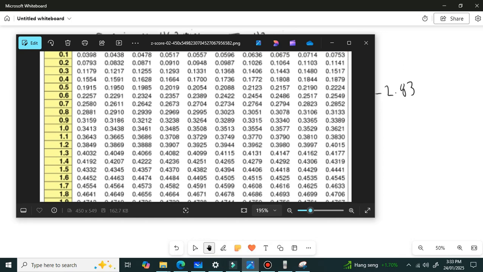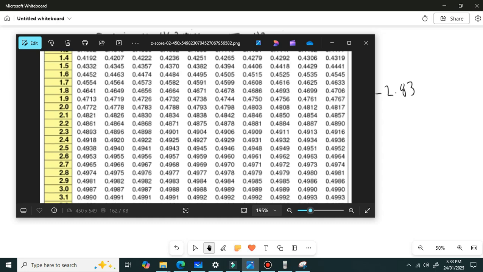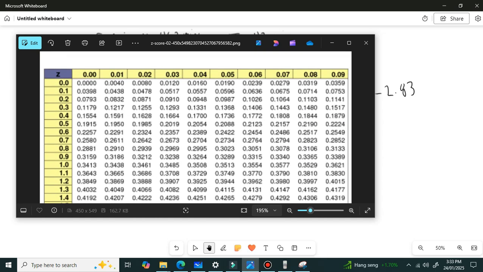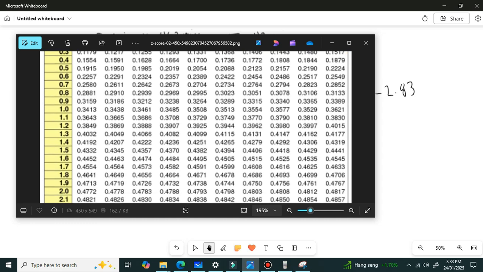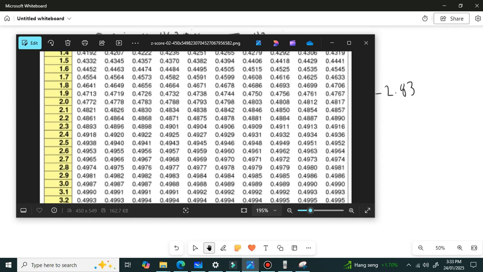So that is 2.8, and then the intersection of 2.8 and 0.03. So that is 0.4977.